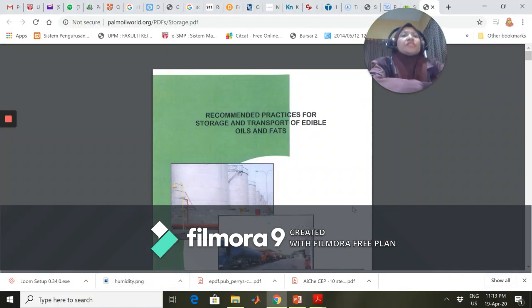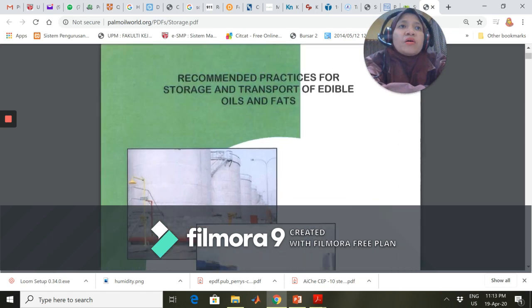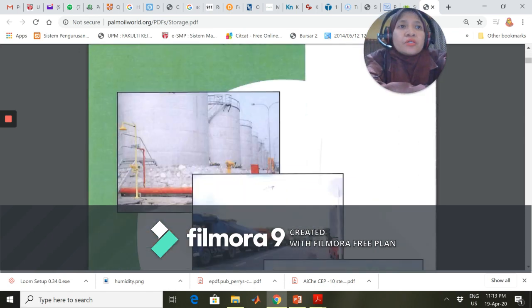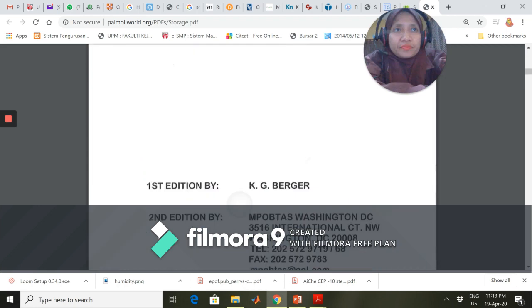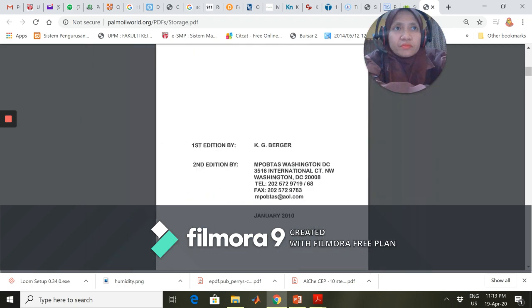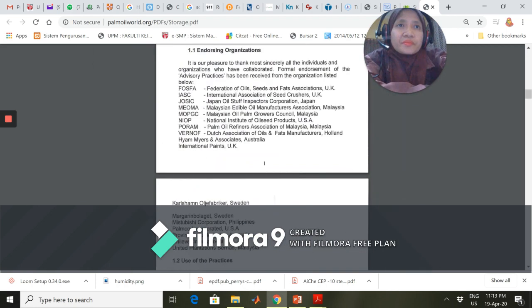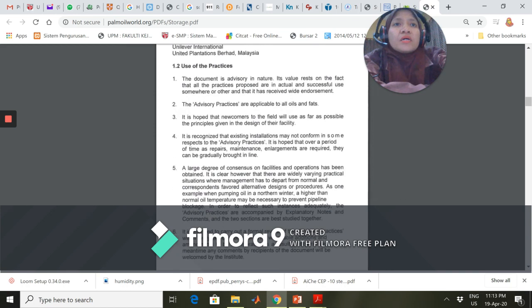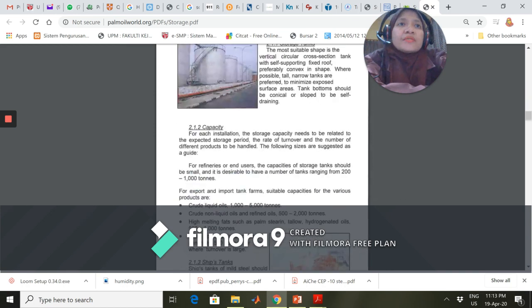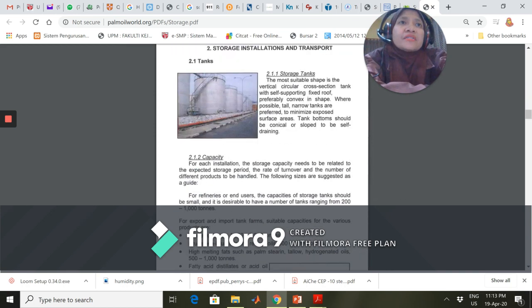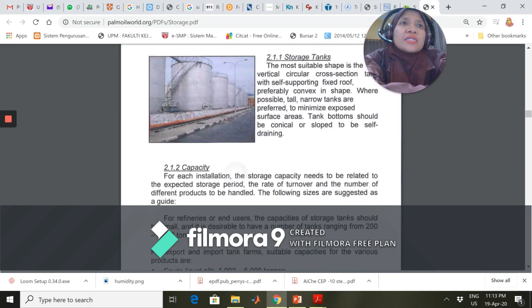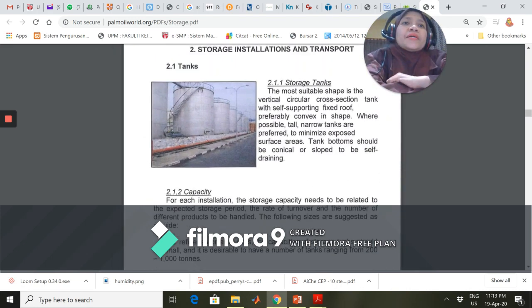Okay, here: a practice for storage and transport of edible oils and fats. In this document, it provides a lot of engineering information basically about the tanks and the properties of the palm oil that need to be protected, that we need to put attention on.